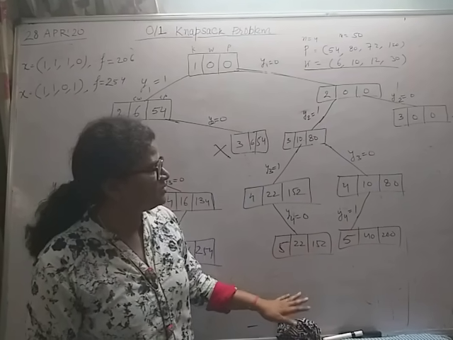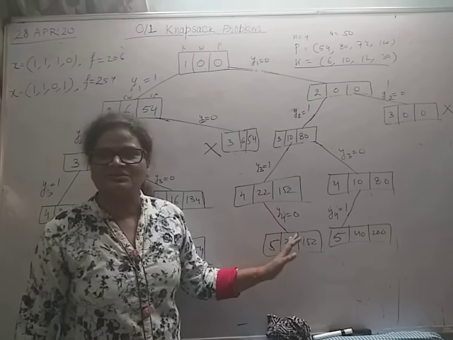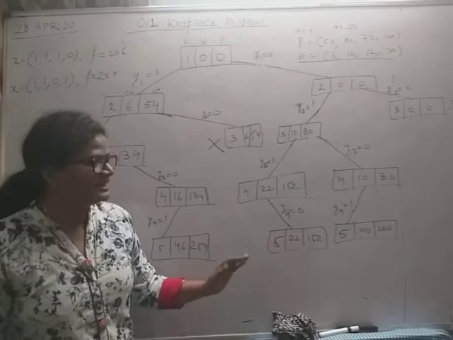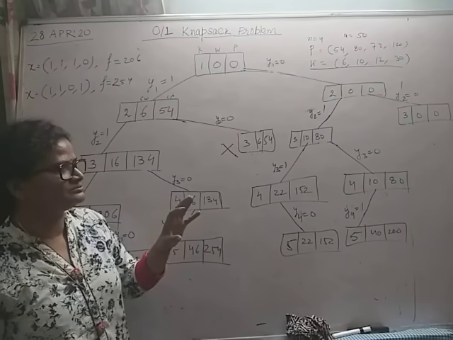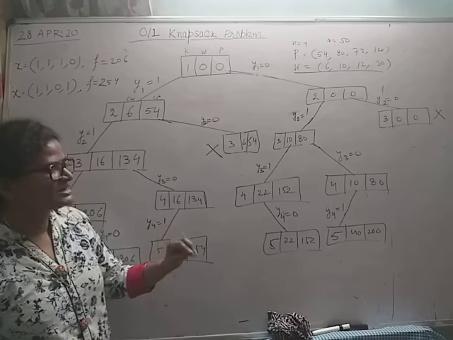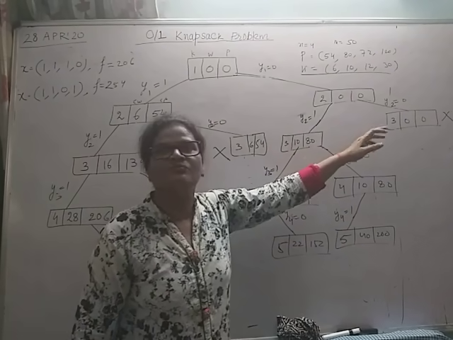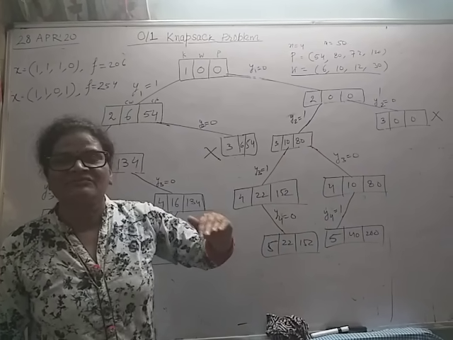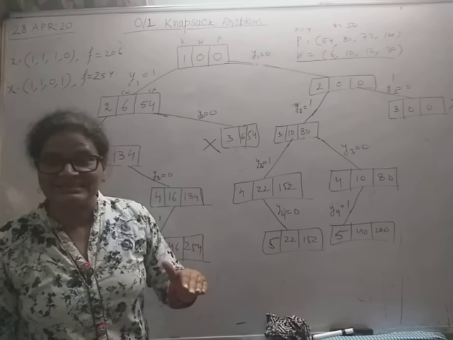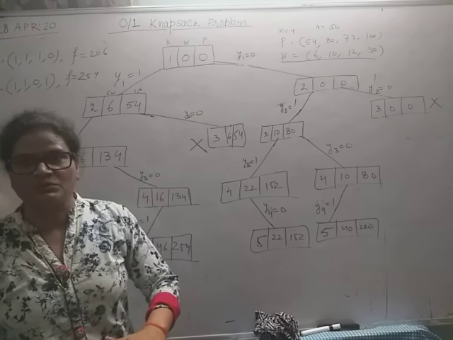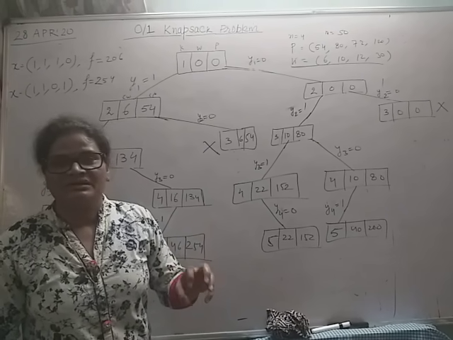Okay, so before giving the algorithm, I will try to help you understand this. The only complication is determining the bounding function to decide whether to move to the right branch or kill the node. For that, we relax the condition for k plus 1 to n, fractions are allowed, and then we compute the profit.